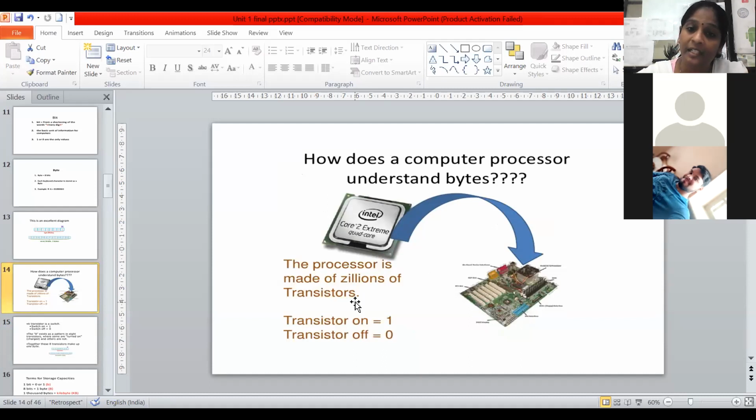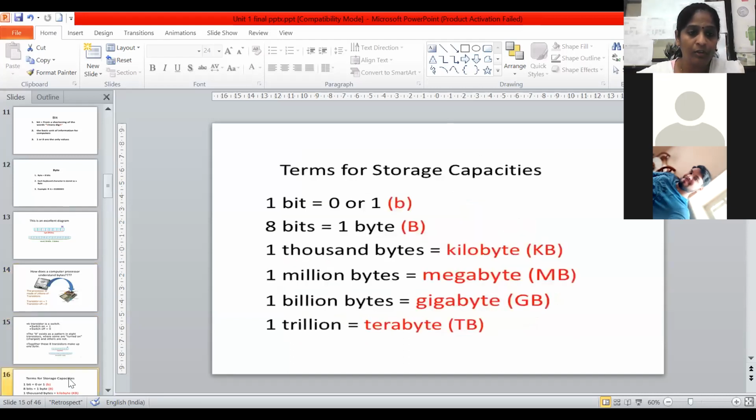Zillions means above the billion. That many transistors are there on that chip. And आपण म्हणतो ना मेमरी कार्ड वगैरे आपल्याकडे एवढ्या बिटचा आहे, एवढ्या बाईटचा आहे, माझ्याकडे 1 TB चा आहे, 1 GB चा आहे. That is nothing but that many transistors are available on that processor, in that memory card, for storing the data. Okay. Hope all of you understand this.